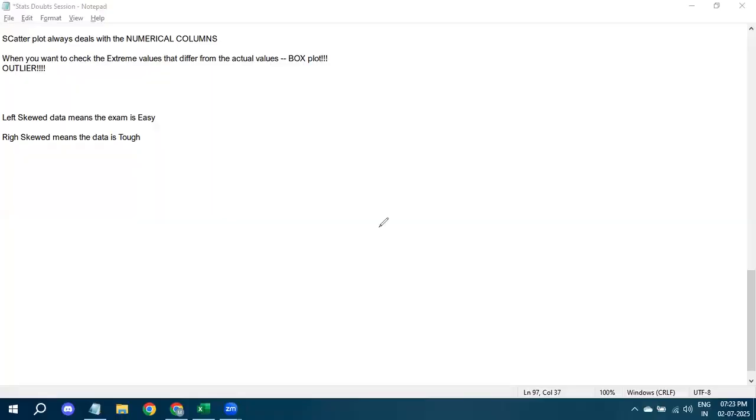So let's say I got my data set, and now I am supposed to make some inferences, some conclusions. I have 100 values. Out of 100 values, let's say 95 values are between the range of 30 to 85.